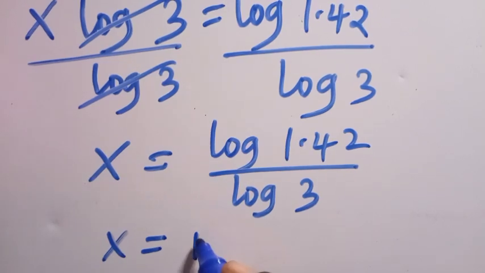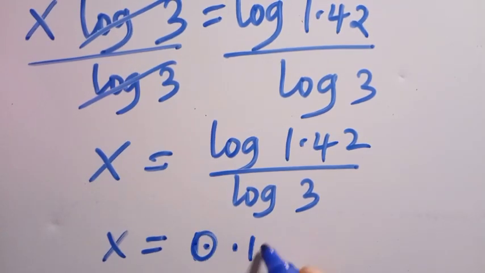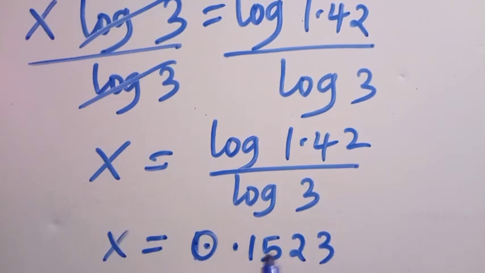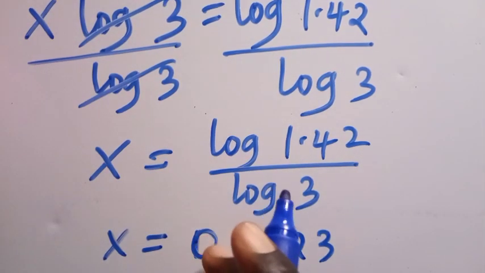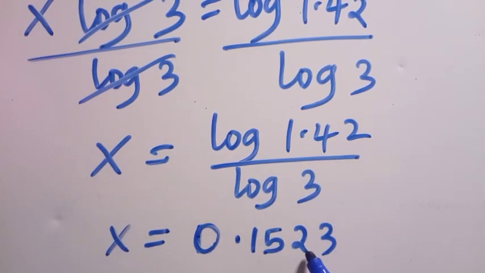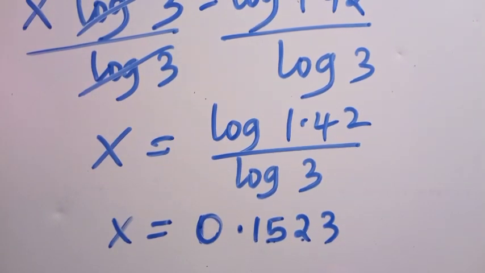Now, from the calculator, the logarithm of 1.42 is not 1 point, but 0 point 1523. That is how we say it mathematically.